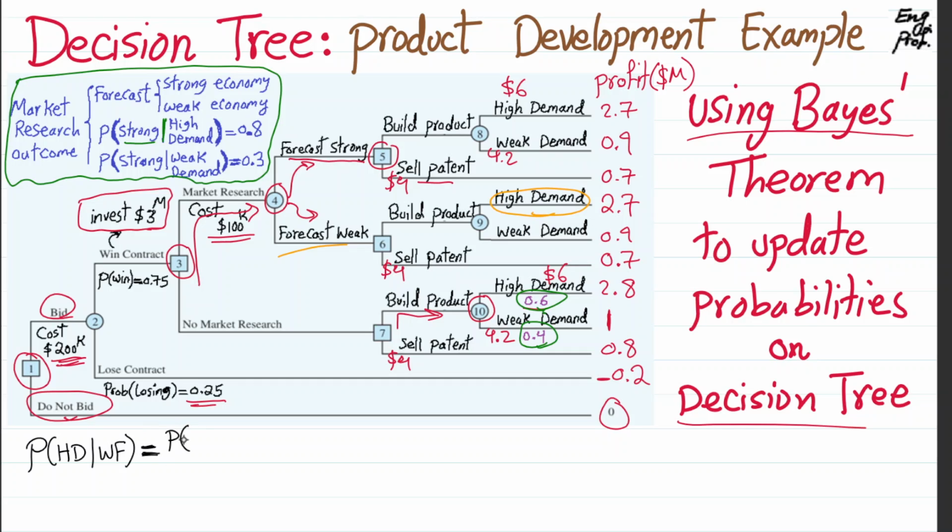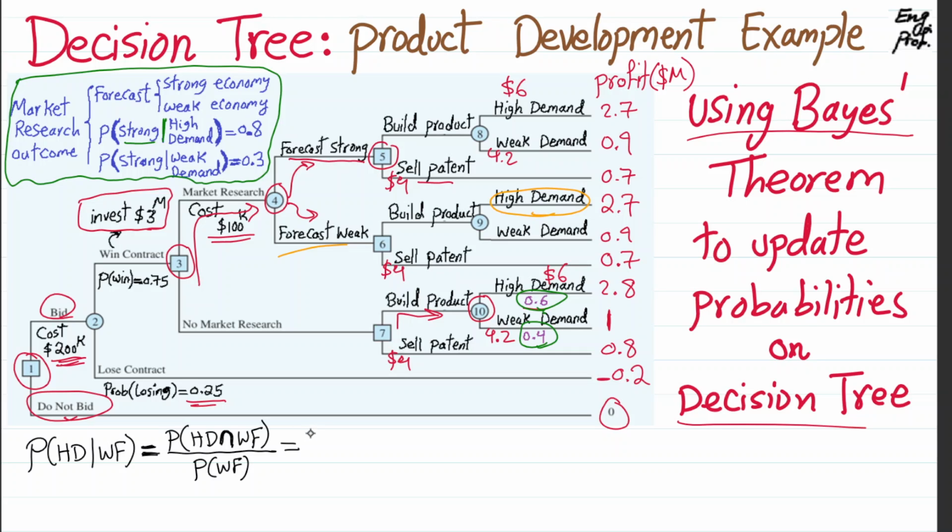So it is a conditional probability. The formula for conditional probability is this one: the joint probability of high demand and weak forecast divided by the probability of weak forecast, which we don't have, by the way.